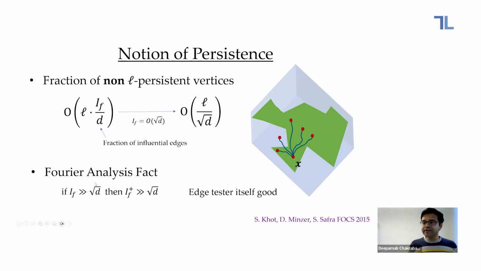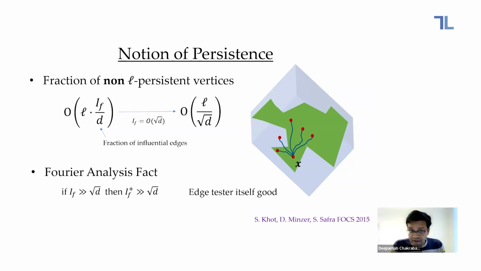And you will be able to deduce that the number of violating edges is also omega square root D. So if the influence is much bigger than square root D, much being like a constant factor more than the monotone function's maximum, then there must be a lot of violating edges. And so we can assume that this number is at most square root D, and that leads to this. I see. Okay. Thank you.